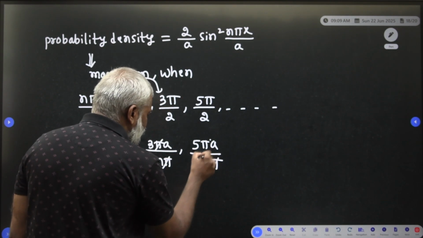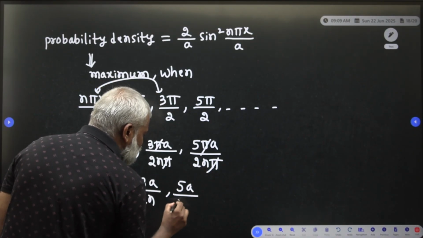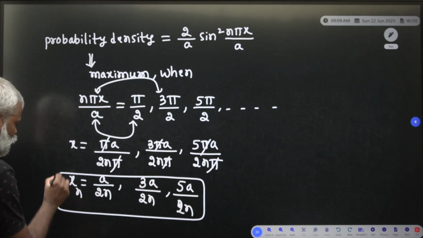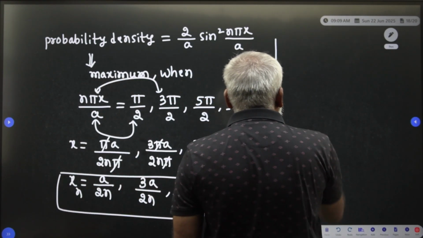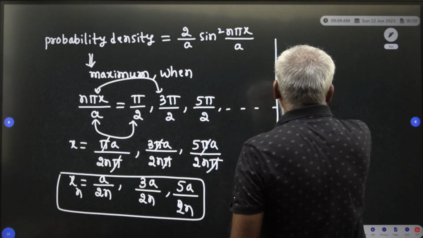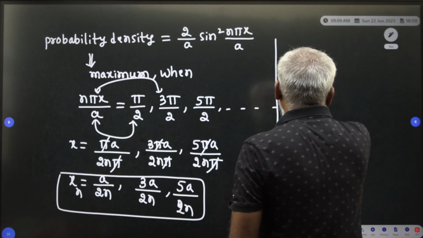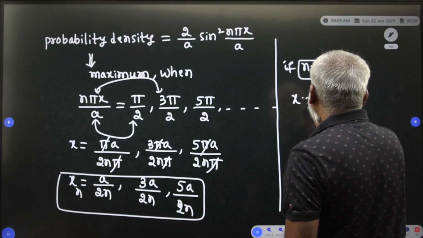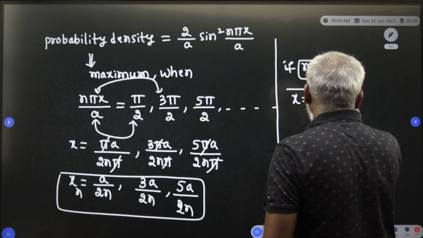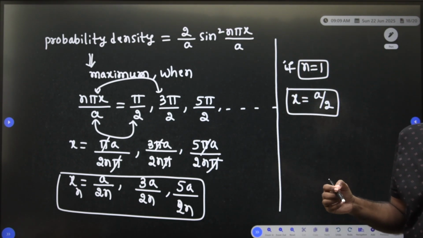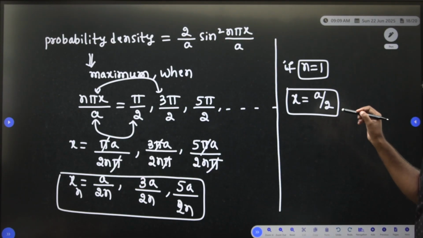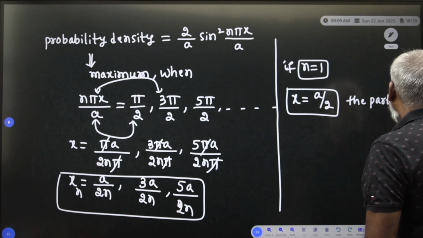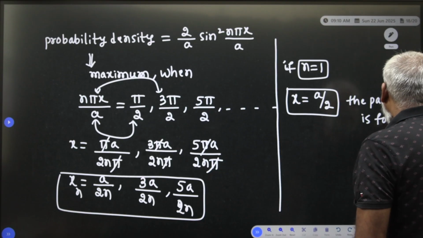If n is equal to 1, the first energy level, that is the ground state, then x is equal to a/2.